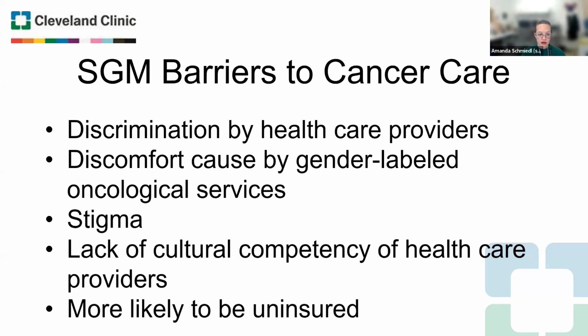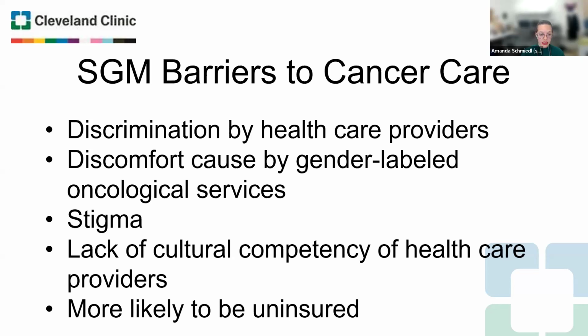Discomfort caused by gender-labeled oncologic surgery services, such as Women's Health Center or Women's Breast Center, is something that has been identified, given that mostly those assigned female at birth have the majority of cases of breast cancer, but this can lead to some discomfort for those who may be assigned female at birth but not feminine presenting.